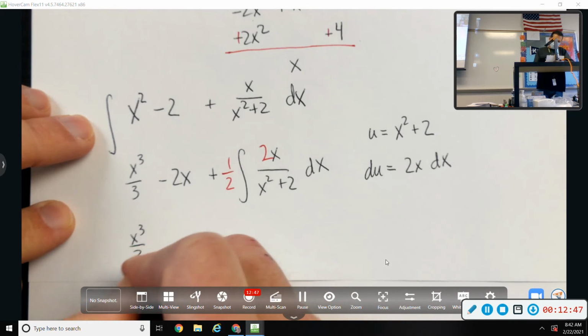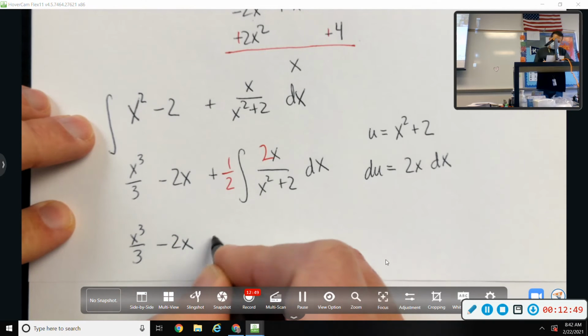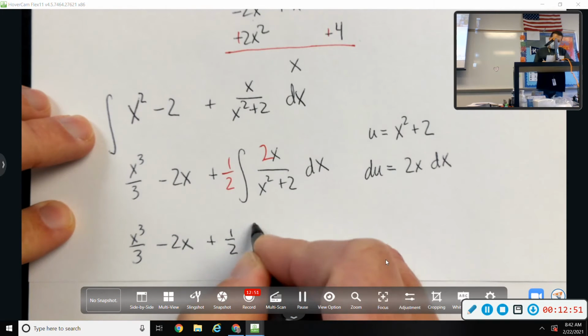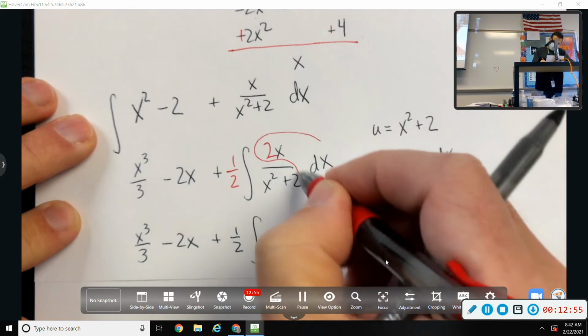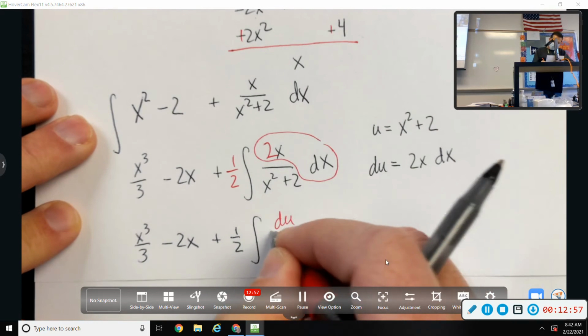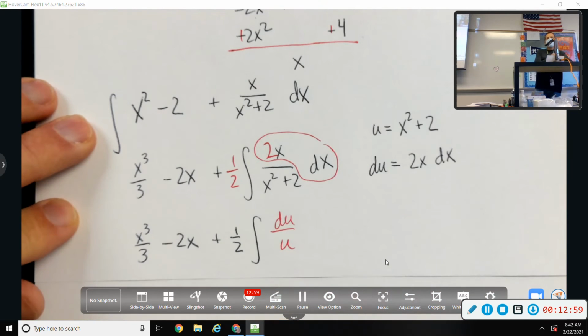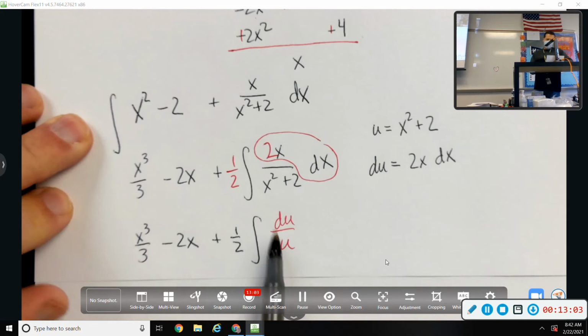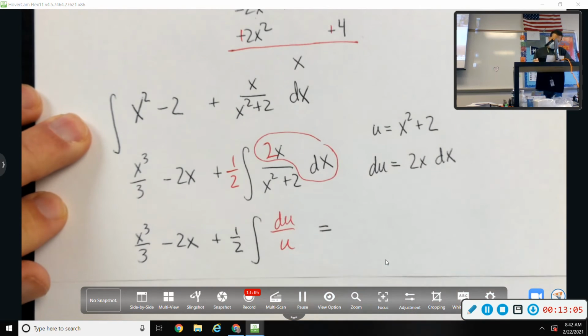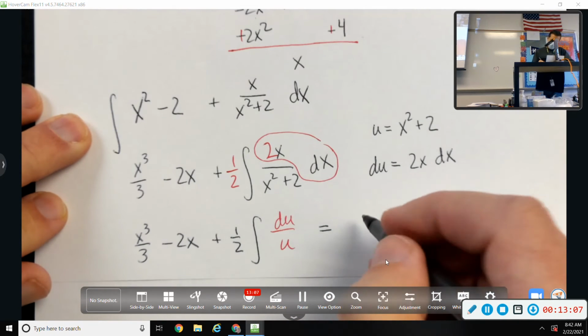x cubed over 3 minus 2x plus 1/2 du over u, which is natural log. So this is what shows up a lot in this lesson, or in this unit.